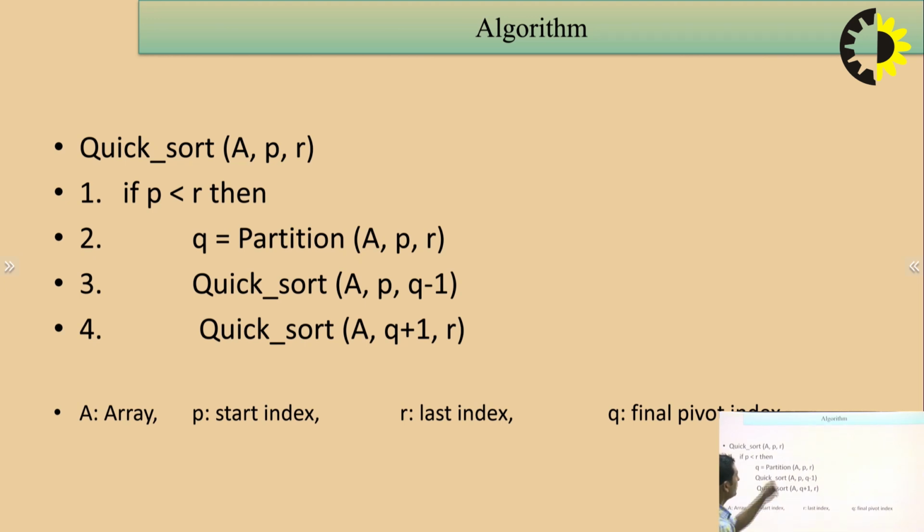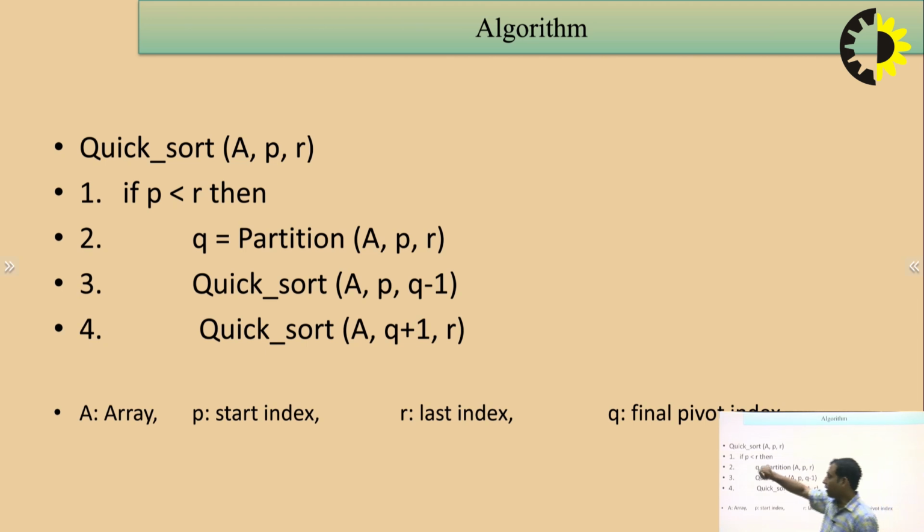Now what does the algorithm say? The same scenario is written step by step. Now see the algorithm. Quick sort A, where A is the array, P is the starting index of the array and R is the last index of the array.